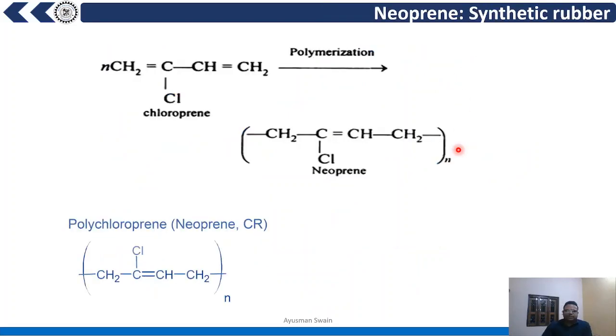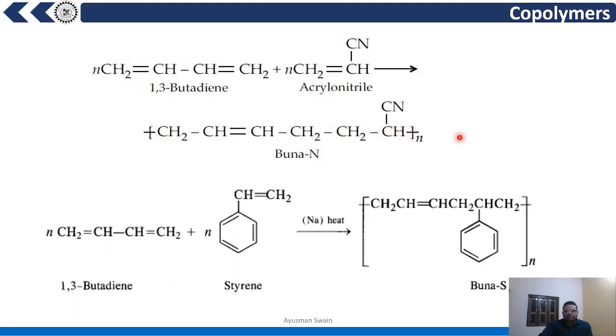One of the synthetic rubbers is polychloroprene and the common name is neoprene. So if the polymer is neoprene, then its monomer is chloroprene, 2-chloro-1,3-butadiene. This is Buna N rubber.